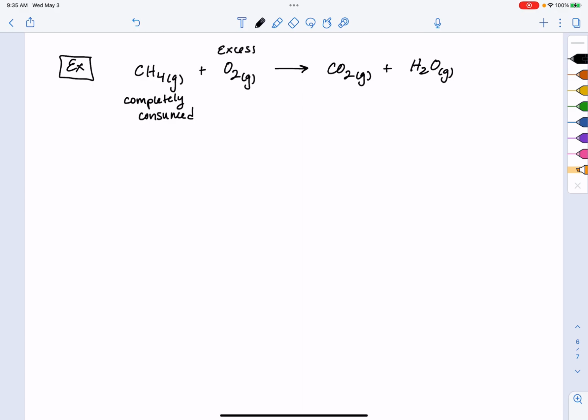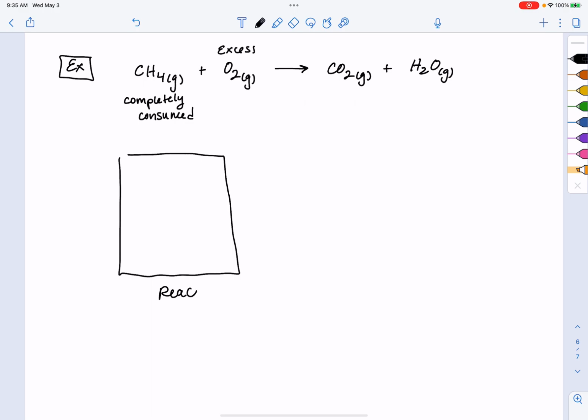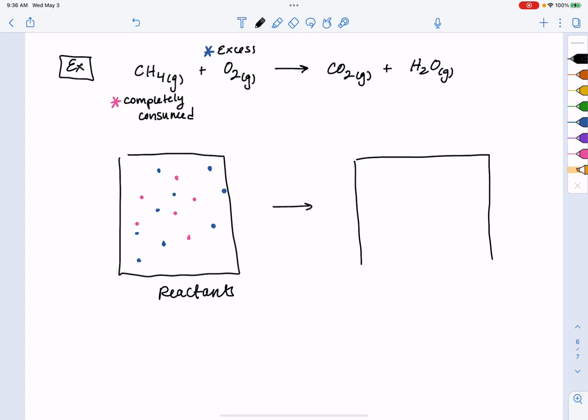So I've got my reactants: we've got methane, and that is going to be with excess oxygen, and then that is going to form CO2 and H2O.